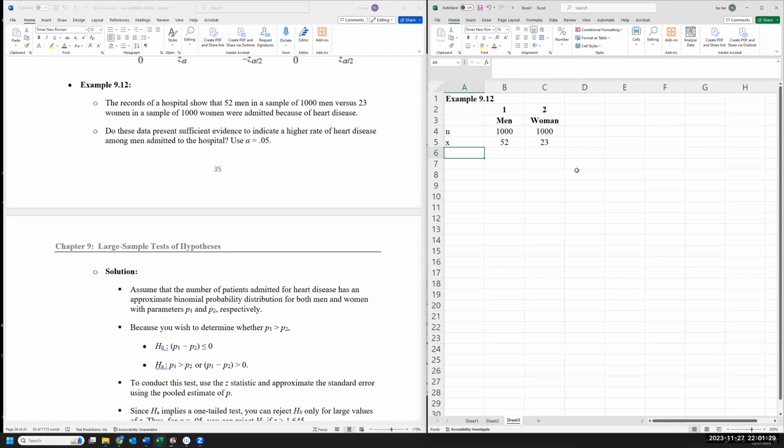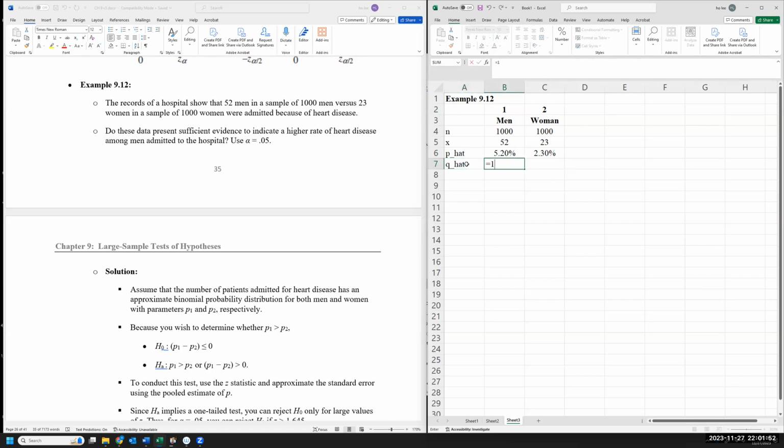And we could calculate the P hat for men and women. This is 52 divided by 1,000, and for women, 23 divided by 1,000. And we could calculate Q hat, just in case we need that.